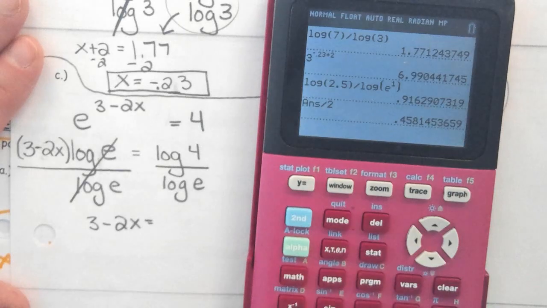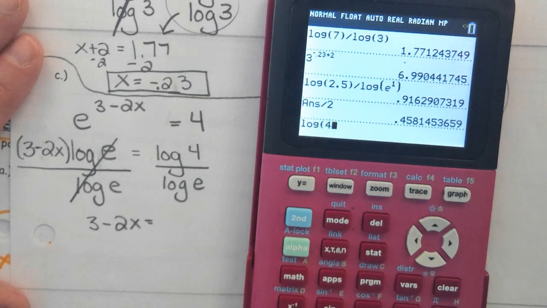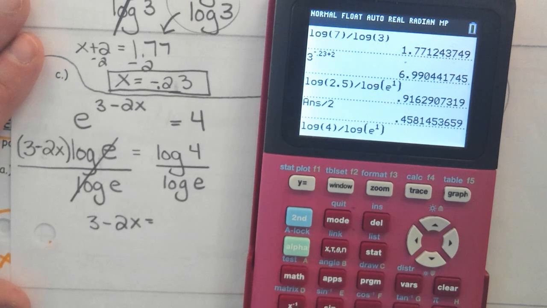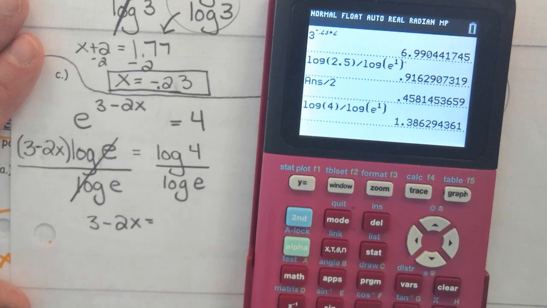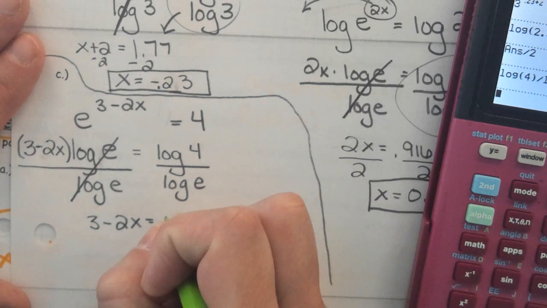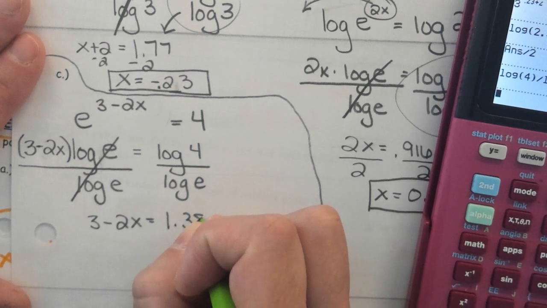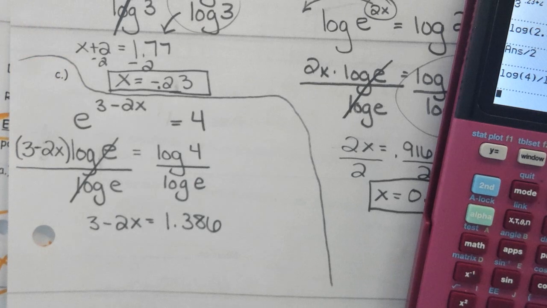So on my calculator, I'm going to do log 4, close it, divided by log, and I do second ln to get e, and then I just put a 1 in for my exponent. But it sounds like the e above the division will also work, and then you wouldn't need to put the 1 in. It's been working great. Alright, love it. So 1.386 is what I get.